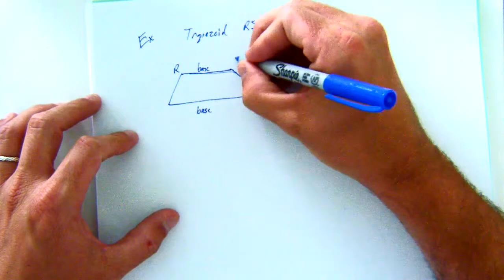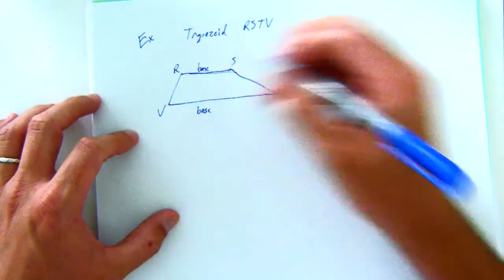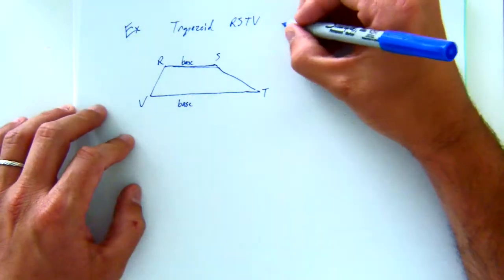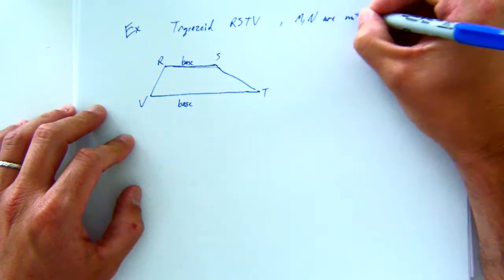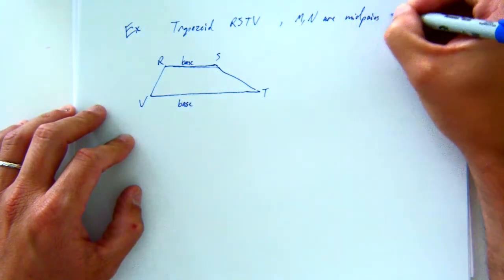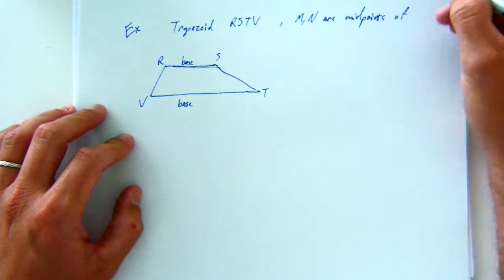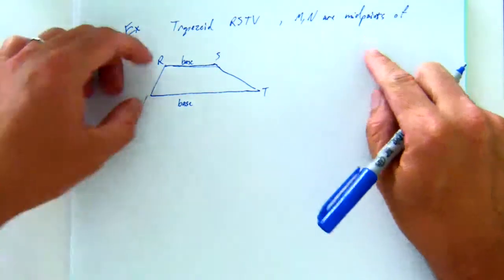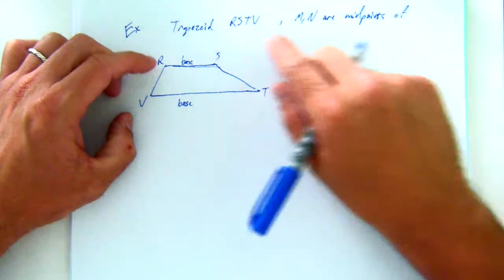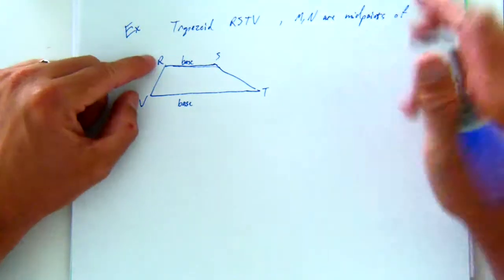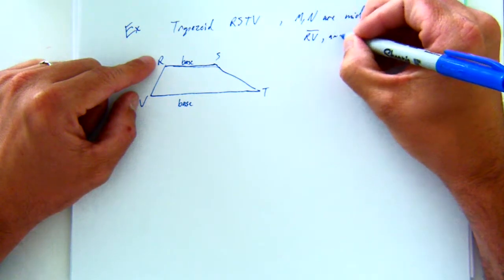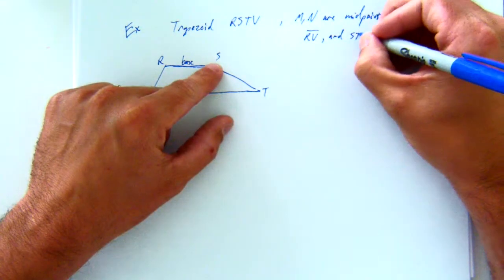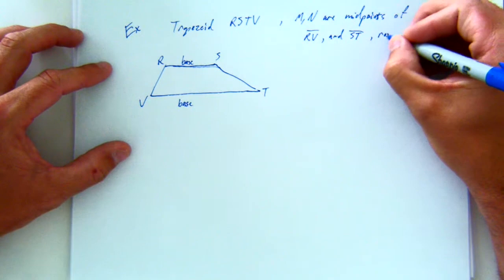This is R, S, T, and V. M and N are midpoints of, now these have to be midpoints of the legs. Okay, that's what a median does, connects the midpoints of the legs. So it's the midpoint of line segment RV and line segment ST, again, respectively.